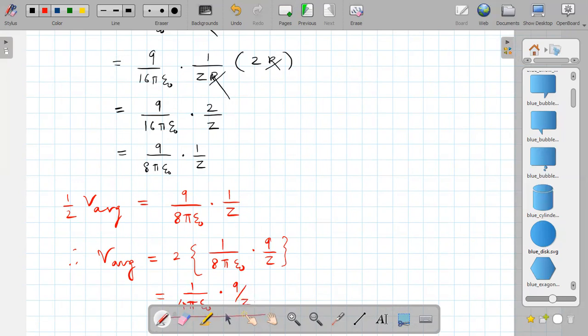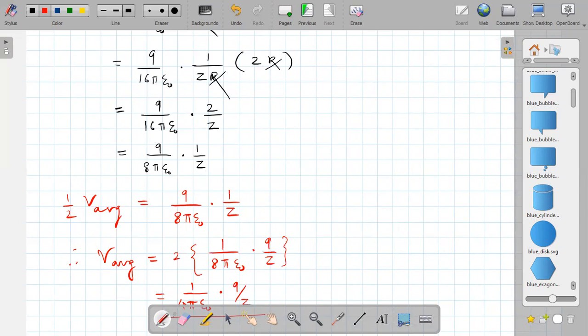Okay, thus we can conclude that for any collection of charges outside the sphere, their average potential over the sphere is equal to the net potential they produce at the center.